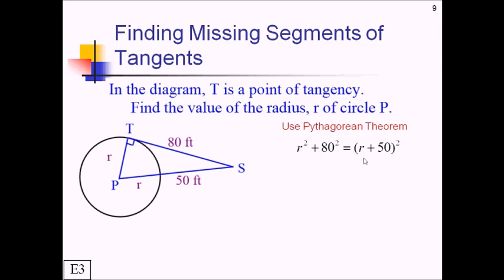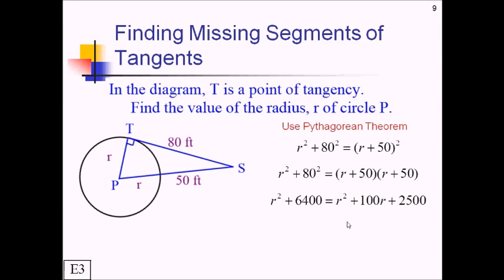Over here now, don't forget to either use the shortcut or write this out twice and FOIL it. Either way, we're going to get r squared plus 100r plus 2,500. These r squareds can cancel out. That's kind of nice. Subtracting 2,500 here, that's going to give me 3,900. And then dividing by 100, we're going to get r equals 39.